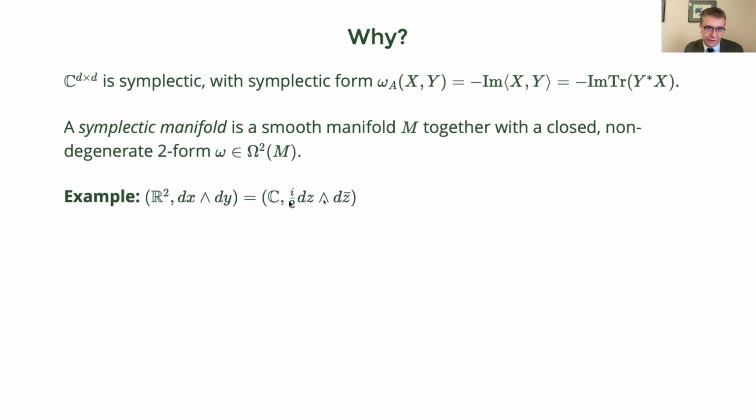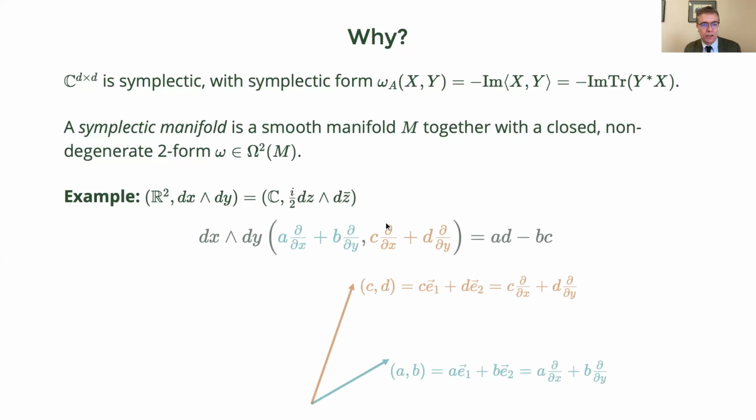Or if you think of the plane as the complex numbers, you can also think of it as i over 2 dz wedge dz bar. And what does this mean? What does dx wedge dy mean? Well, if I have a tangent vector (a, b), and another one (c, d), because I'm a differential geometer, I'm going to write the standard basis vectors as d by dx and d by dy.